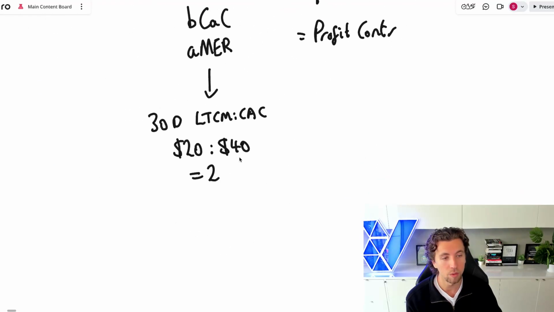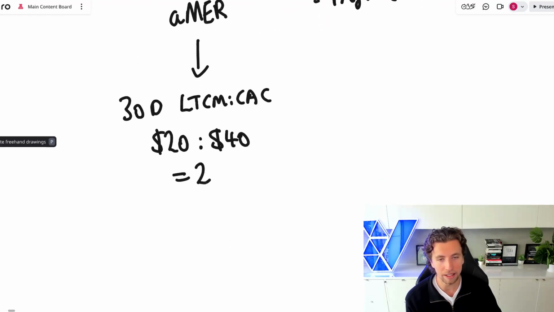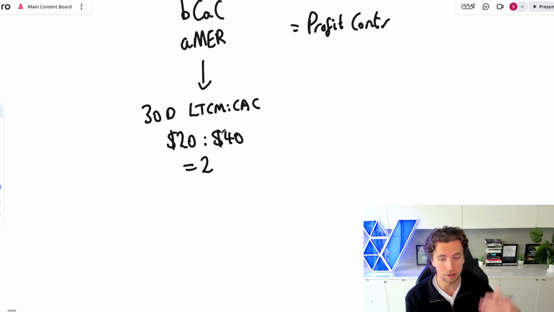And so what that ends up meaning is that your reliability of LTCM to CAC or LTGP to CAC ratios over a 30 to 90-day period still holds accuracy. Where you start to see decay in accuracy is as you expand the time value here.